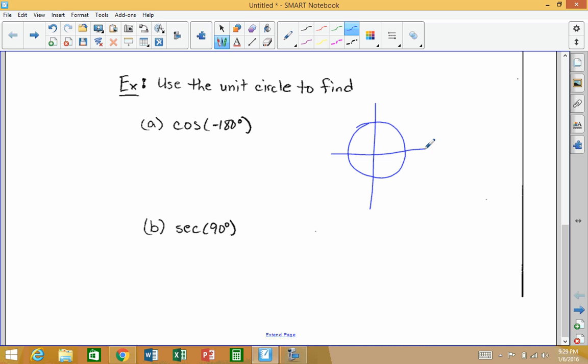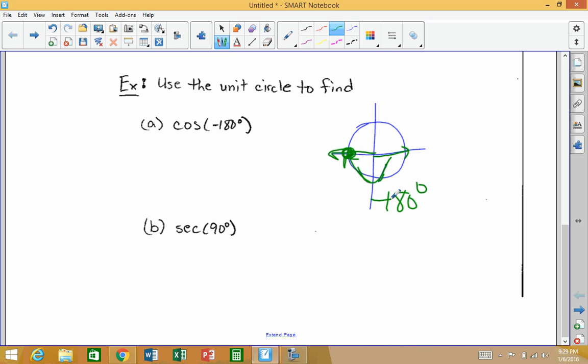We have a circle, and I put it in the coordinate plane so we can talk about the unit circle, radius 1. And we're going to find out where's negative 180 degrees. Well, if we start here in standard position on the positive x and measure over in the negative direction, this is the angle of 180 degrees in the negative direction.